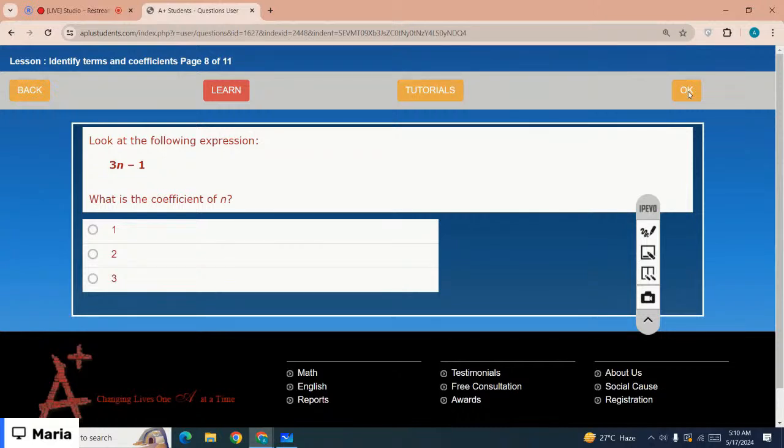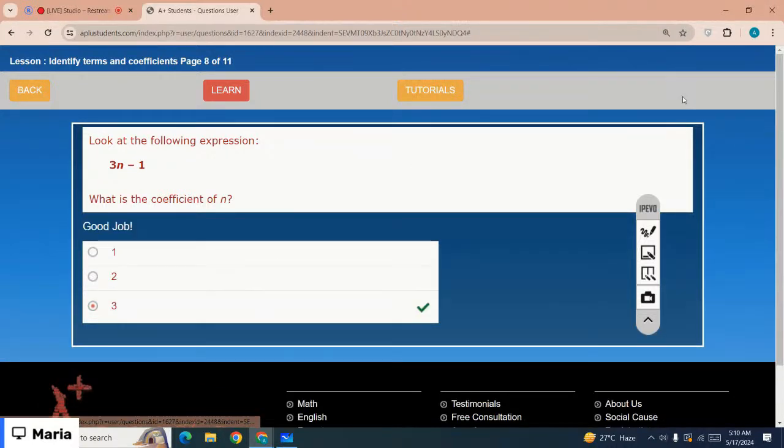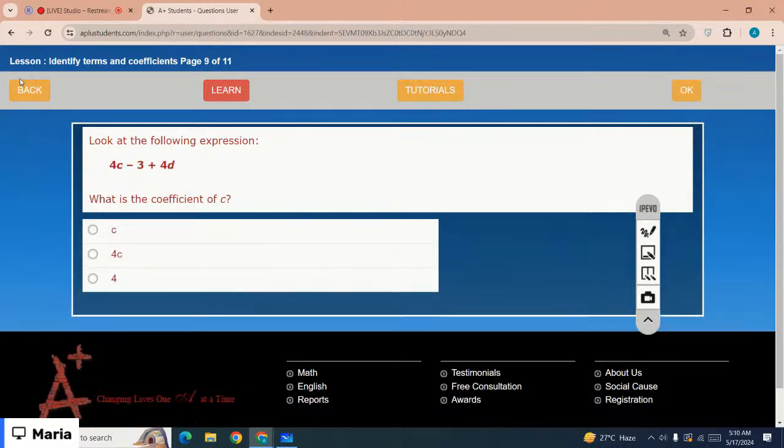So the number with the n is the coefficient of n. So the correct option is, the coefficient of n is 3. Okay, you can complete the lesson by yourself later today. Let me just move on to the next lesson.